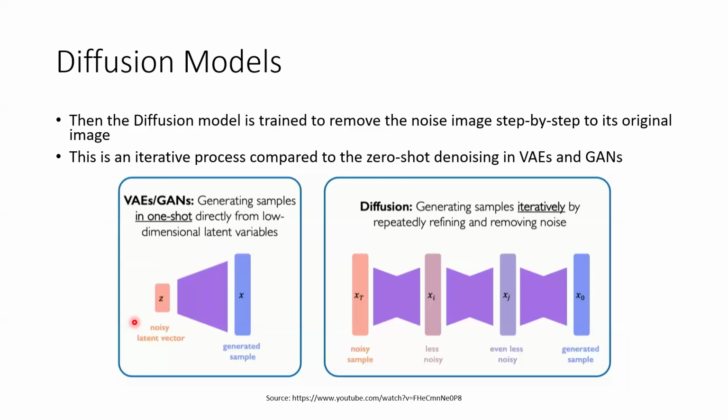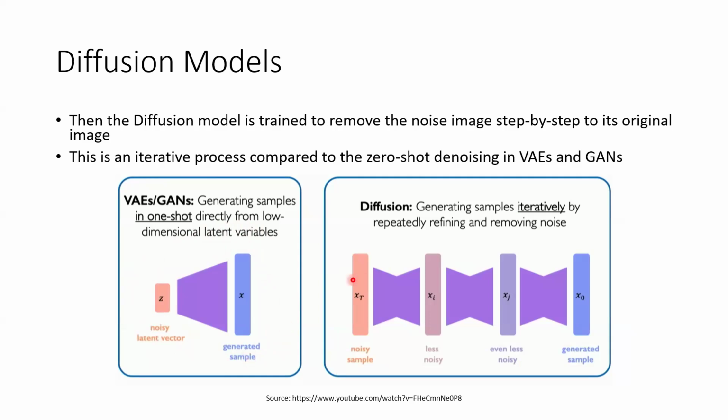So in the world of variational autoencoders and generative adversarial networks, what you do is one-shot learning, where you get some noise and then you generate the image out of this noise, right? From Z to X. But this process is not that stable, so you can't scale it as much as you wish. That is the problem we had.